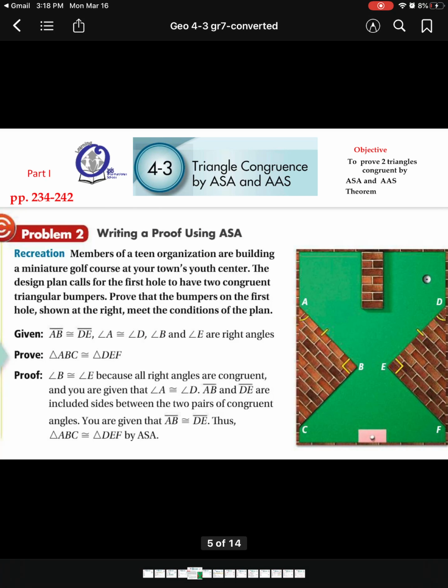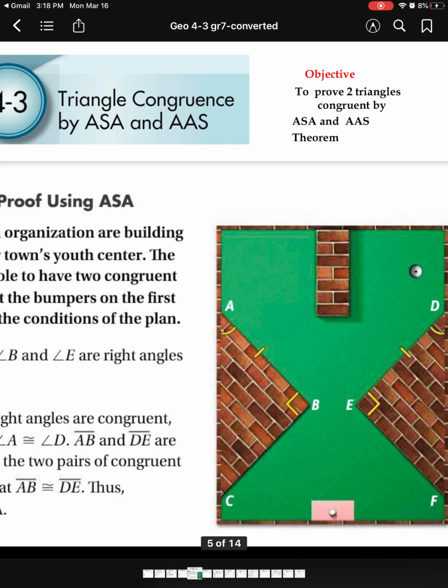Now, here I have the problem solving. It's telling me the members of a teen organization are building a golf course in the town. The design for this drawing should have two congruent triangles. It asks me to prove that the two triangles are congruent. I will look at them.